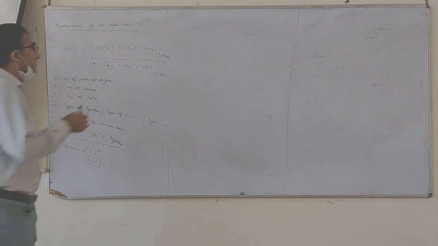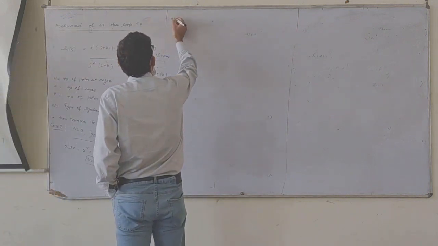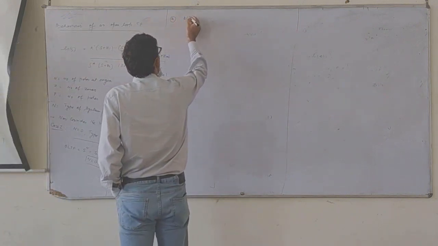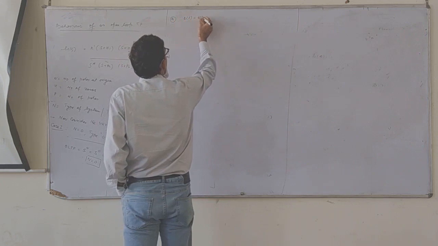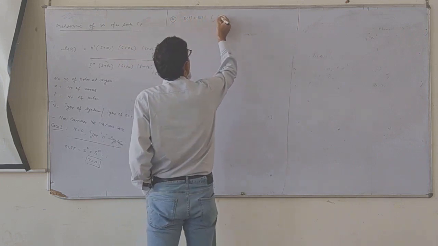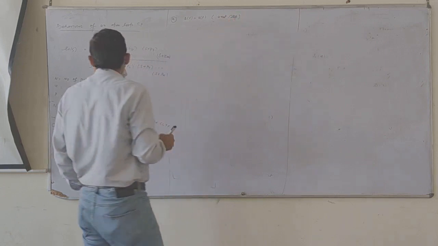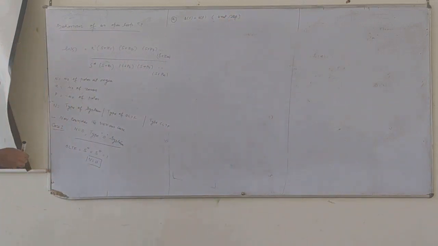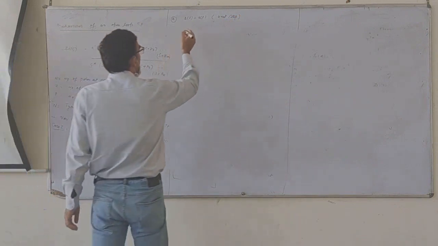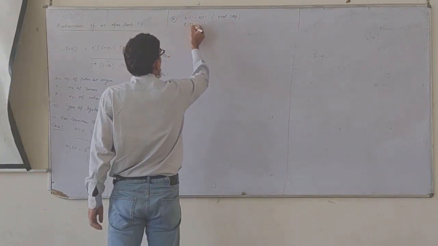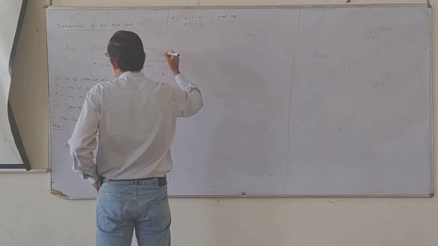Let us say first, part A for this. Let's say the input is a unit step. If the input is a unit step, I don't need to write now, the Laplace transform of the same is 1 by s, that everybody knows.